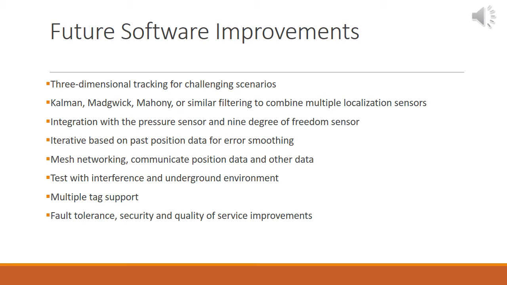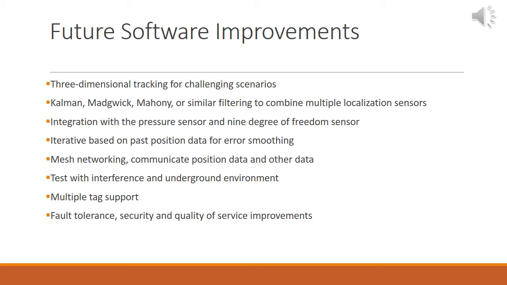Some possible software improvements would be three-dimensional tracking for challenging scenarios such as multi-level chambers, or to track in the up and down direction. And you could do that with the pressure sensor, or some fusion of the pressure sensor and the accelerometer, or additional anchors to create 3D trilateration.